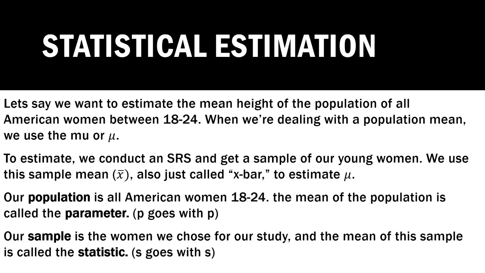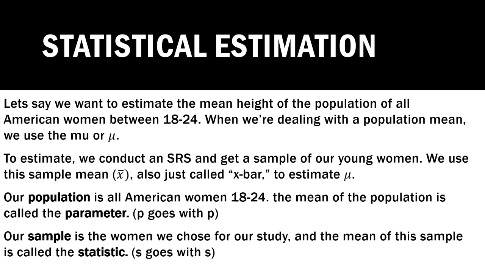Next, we'll talk about statistical estimation. This is really, really important to get. This is when we're starting to deal with those values and those specific terminologies that will come up again and again. So let's say we want to estimate the mean height of the population of all American women between 18 and 24.